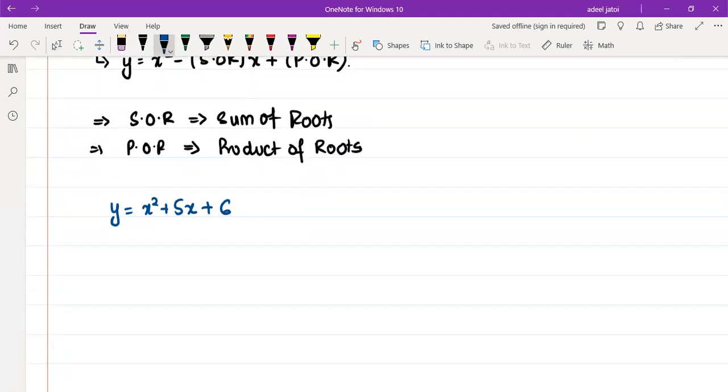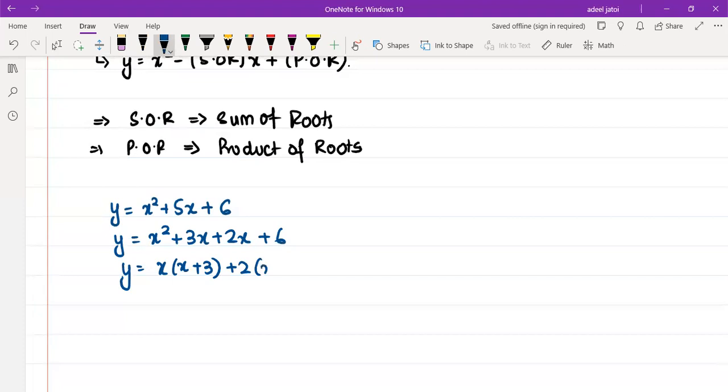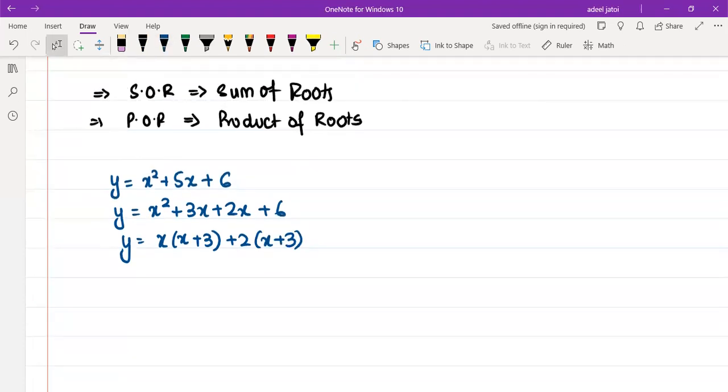that this can be written as y is equal to x square plus 3x plus 2x plus 6. y can be written as x(x plus 3) plus 2(x plus 3). So you will have two factors, x plus 3 and x plus 2.